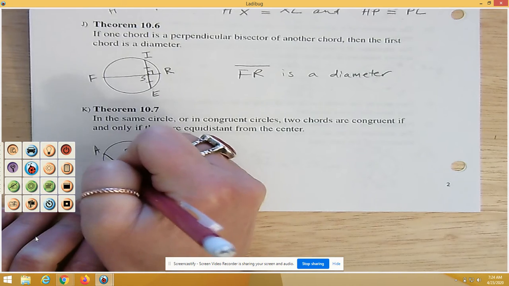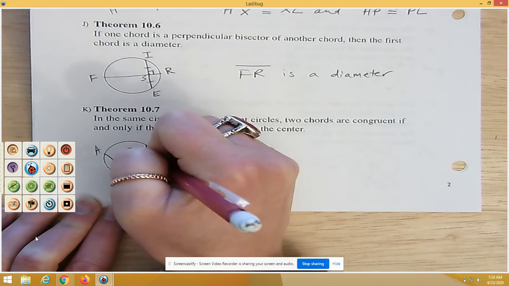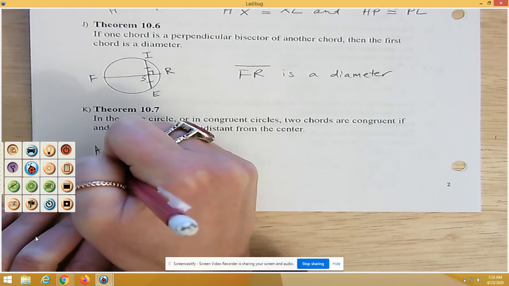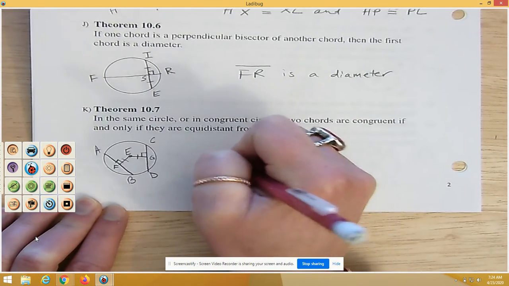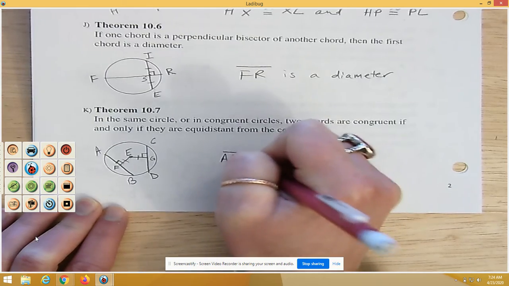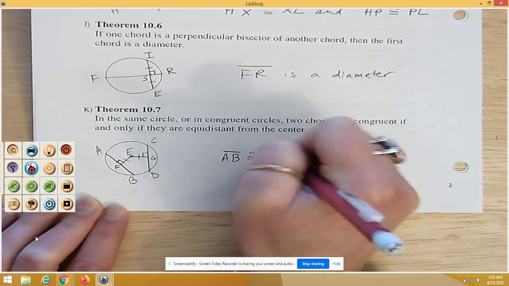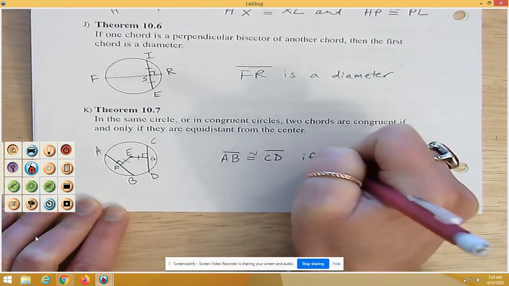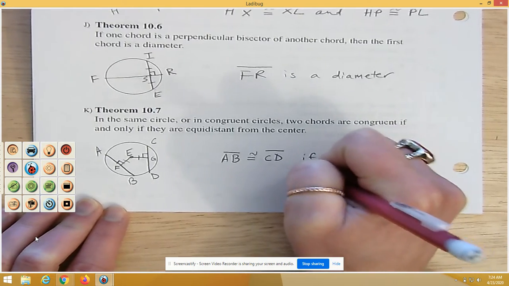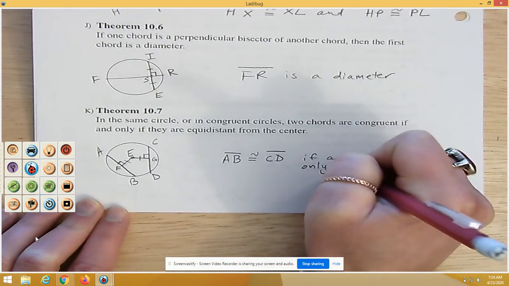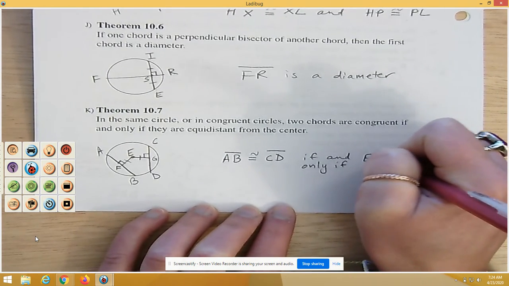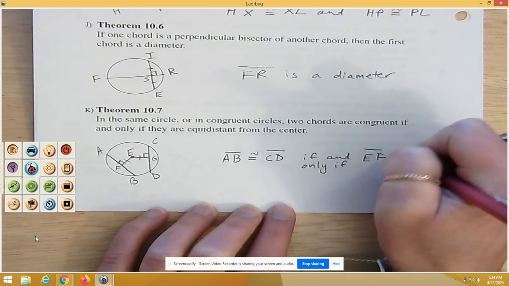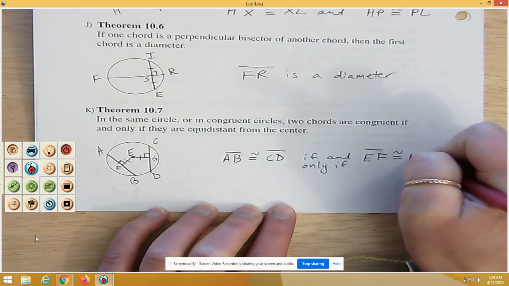I'm going to call this F, and I'm going to call this G. I do need labels for everything, unfortunately. And I'm going to say segment AB is congruent to segment CD if and only if segment EF is congruent to segment EG.